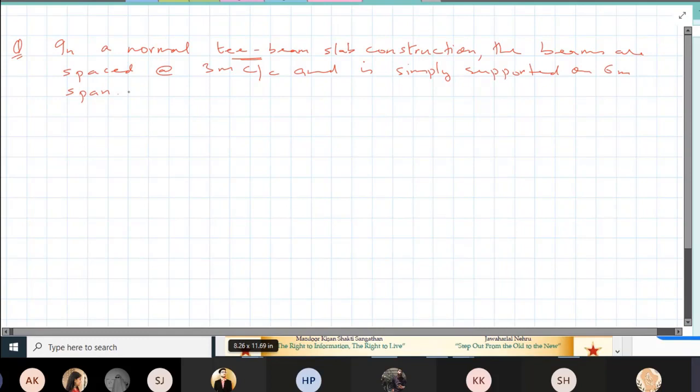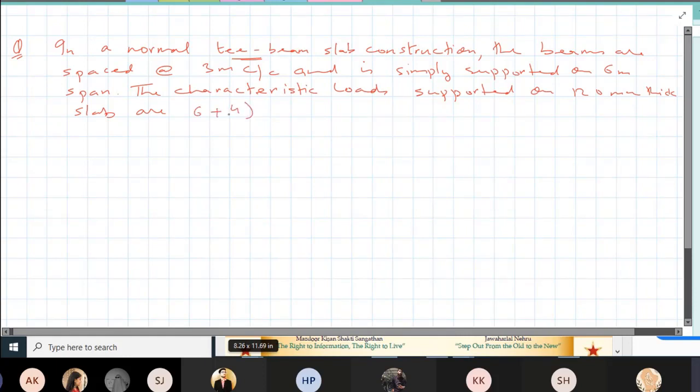The characteristic loads supported on the 120 mm thick slab are 6 plus 4 kilonewton per meter square, being a combination of dead load and live load respectively.